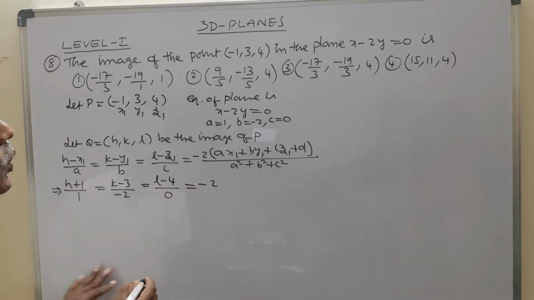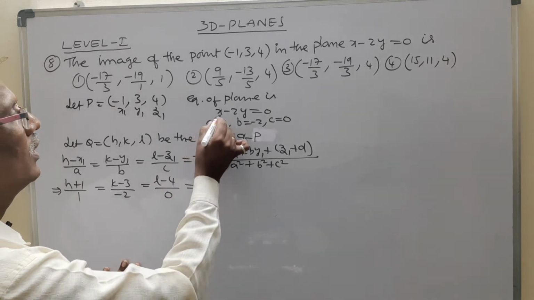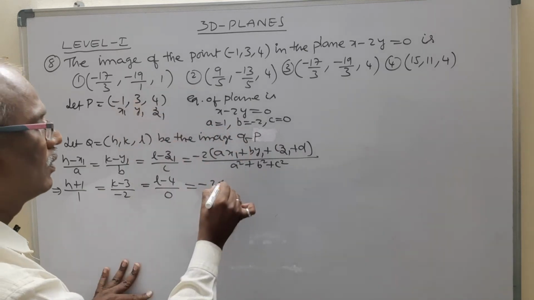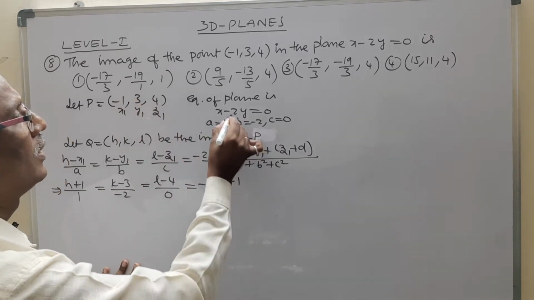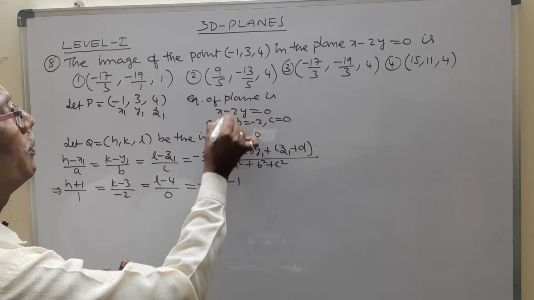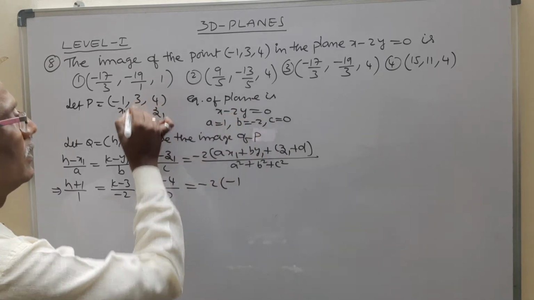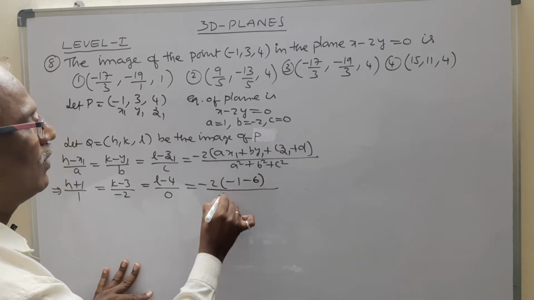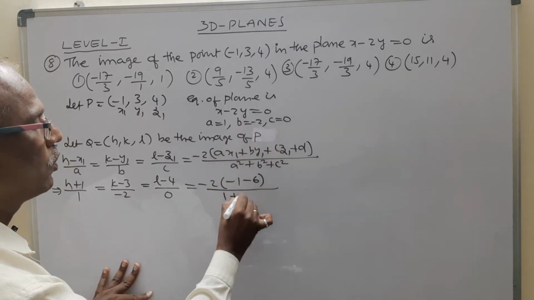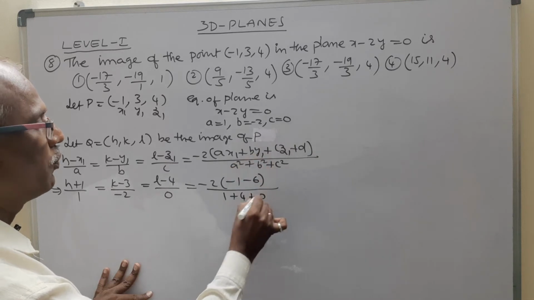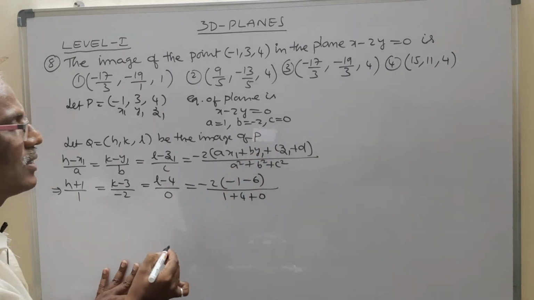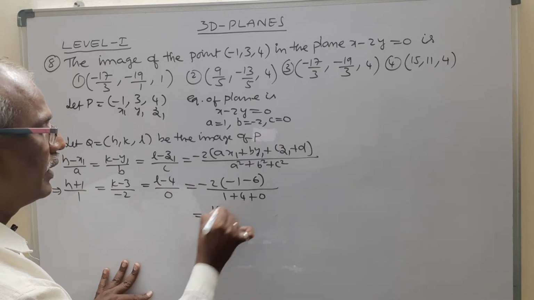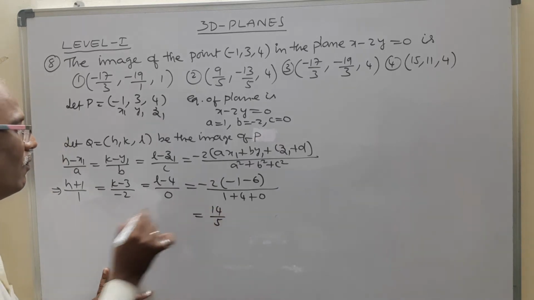Minus 2 into ax1: a is 1, 1 into -1 is -1. Here b is -2, so -2 into 3 is -6. Denominator: 1 squared, (-2) squared is 4, 0 squared is 0, so 5. Numerator: -1 - 6 = -7, -7 into -2 is 14. So 14 by 5. This is the value.